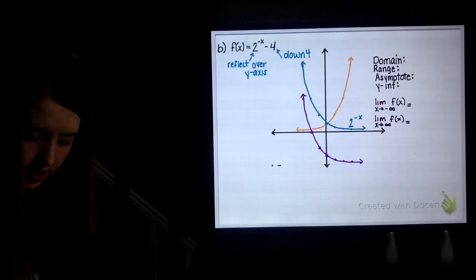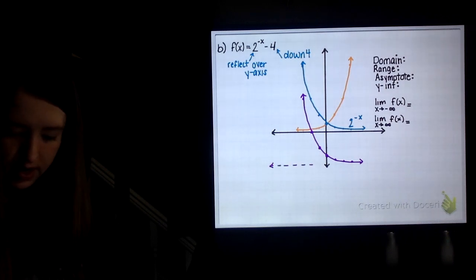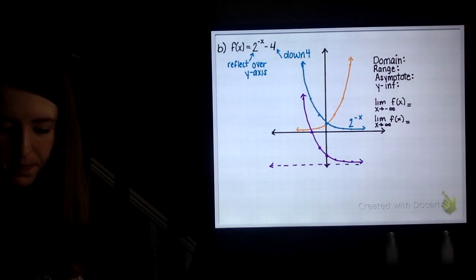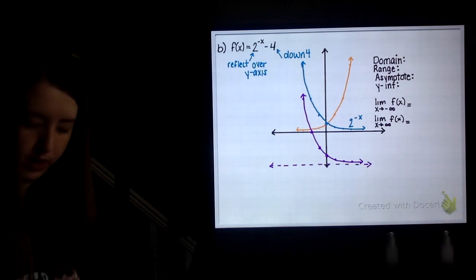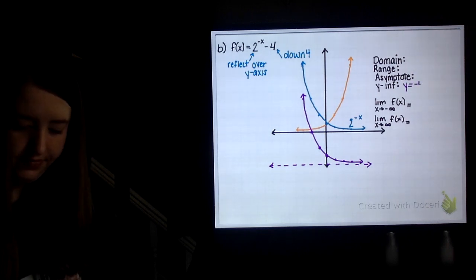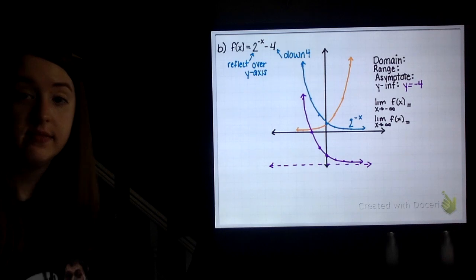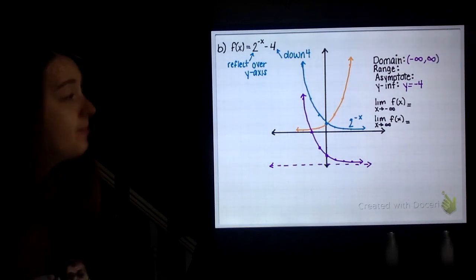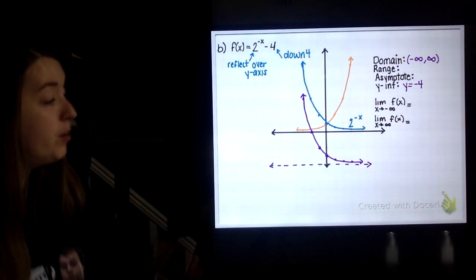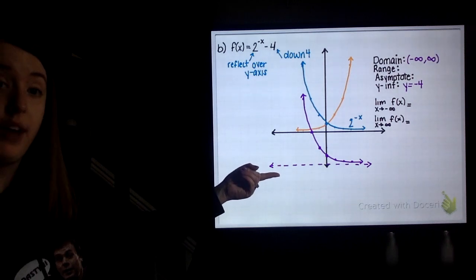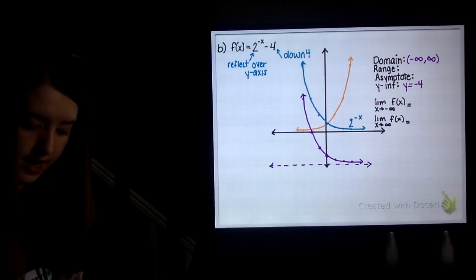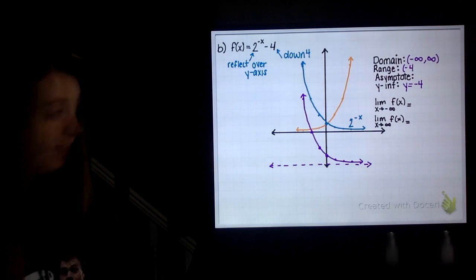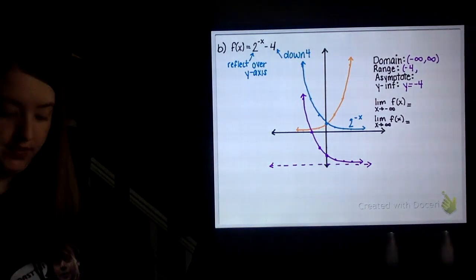So now he is living down here at y equals negative 4. My domain is still going to be from negative infinity to positive infinity. My range, the farthest down that my y's go, is at negative 4, and I don't touch it, so I need a parenthesis on there. And then it goes off to positive infinity.